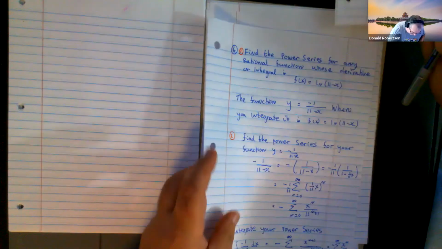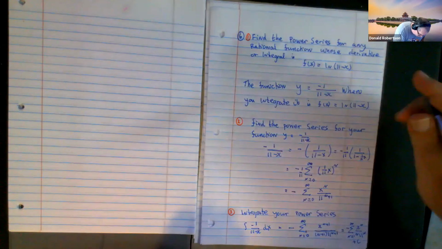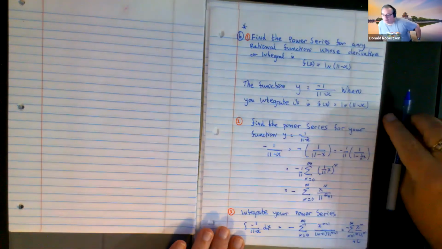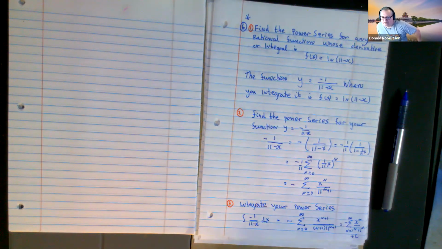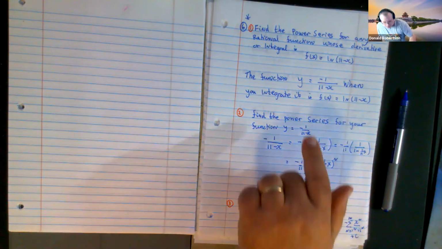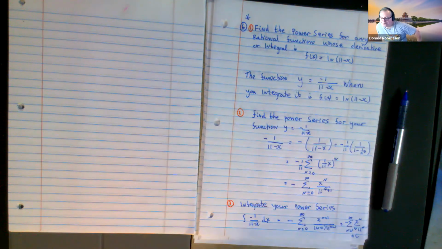Okay. Here is a version of our second question, question 6. I'm going to keep this one here because it's got a lot going on in it. We're going to find the power series for a log function. And it's got the same problem. You need to figure out what fraction function you need to start with.